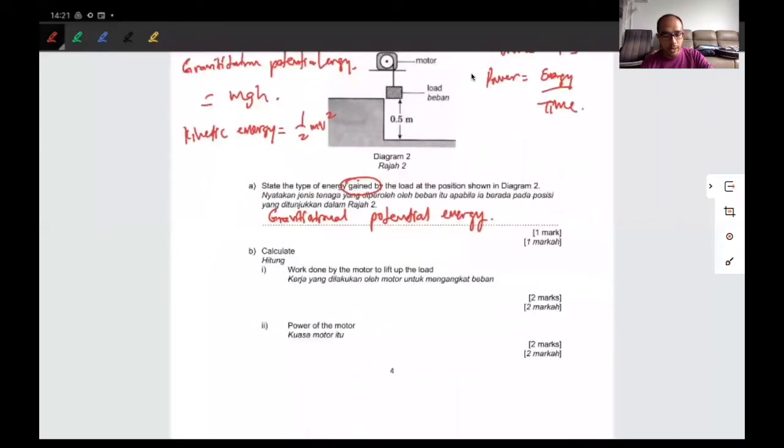So when you want to calculate the work done, you just calculate the potential energy itself. So you can actually write work equals to mgh.